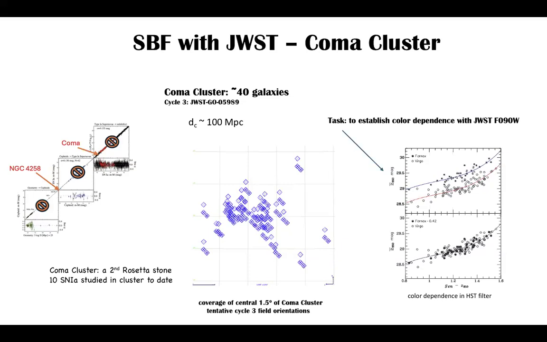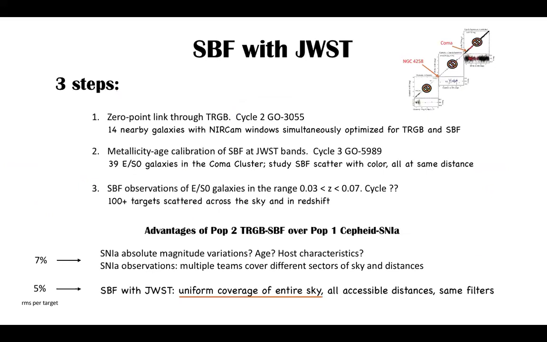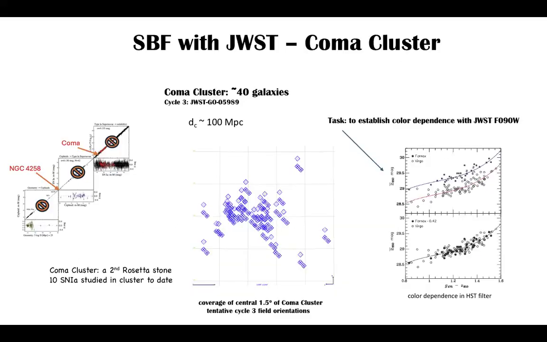And the whole point of this is to again get the equivalent of this plot here in JWST bands. This is in HST bands. And JWST bands will be close, but it'll be slightly different.